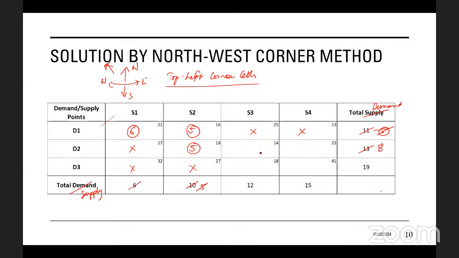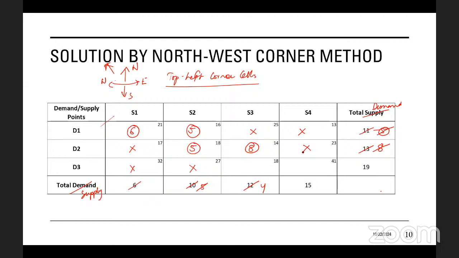Now D2S3 becomes the northwest corner, where we can make a maximum allocation of 8. This will strike out, and here 4 will be left, and consequently this will also be struck out.